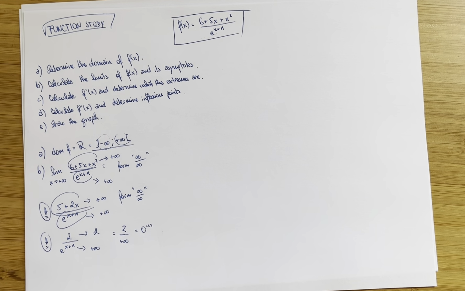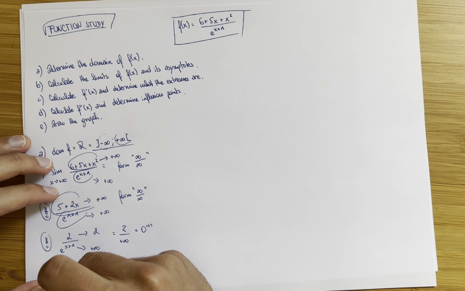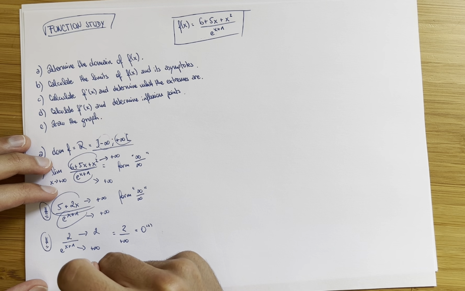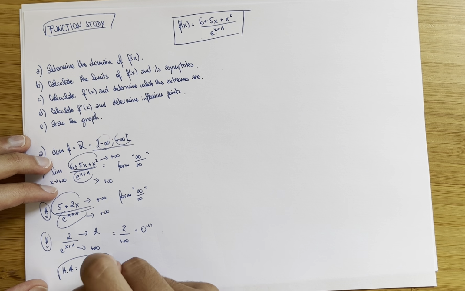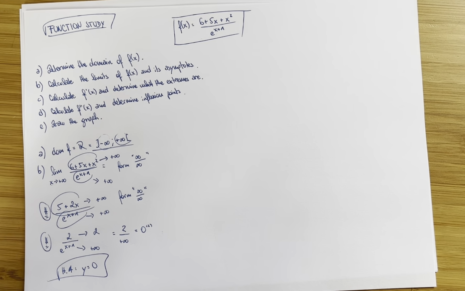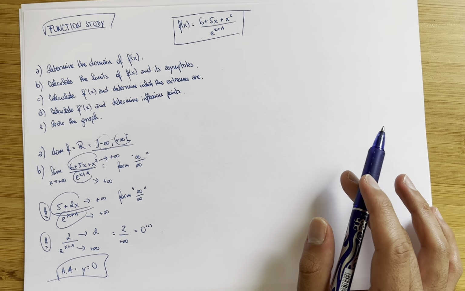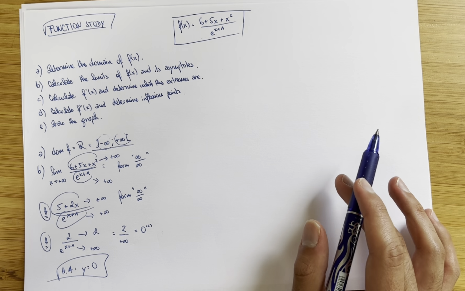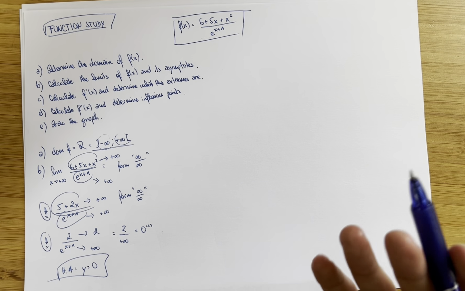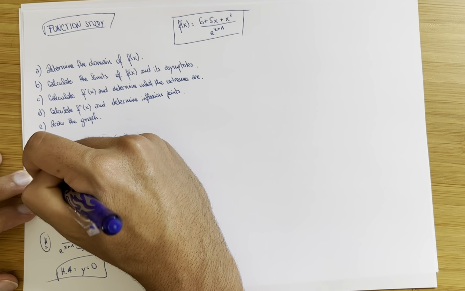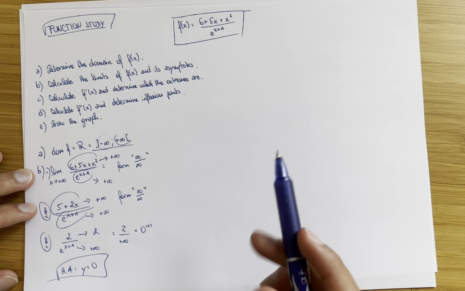What does that mean? We have a horizontal asymptote with value y equals 0. We will later on see how this applies when we draw the graph, and I will explain a little bit better what this asymptote and this y equals 0 really mean. Okay, this is the limit when x goes to plus infinity.